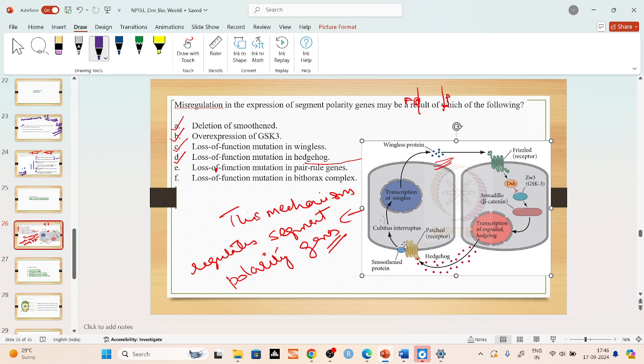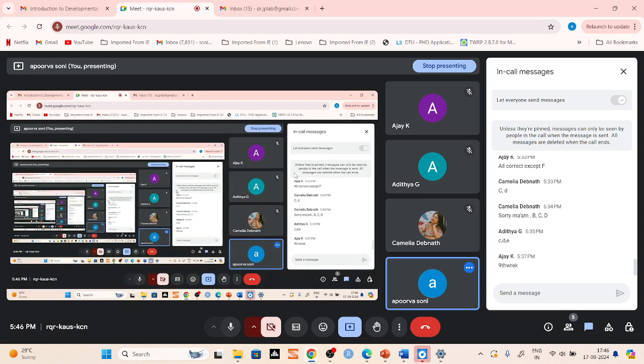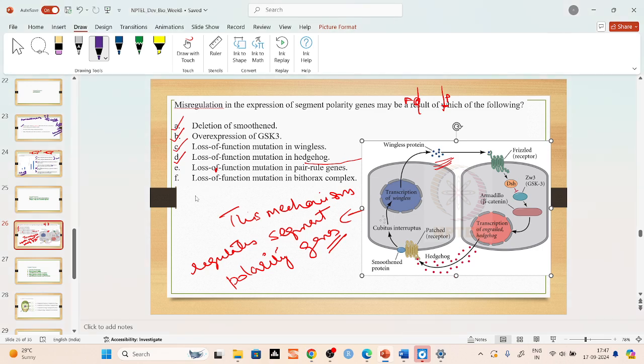So how will pair rule genes affect anything related to segment polarity genes? Ajay, can you give me the answer to this question? I am asking how the loss of function mutation in pair rule genes affects the expression of segment polarity genes. Think.